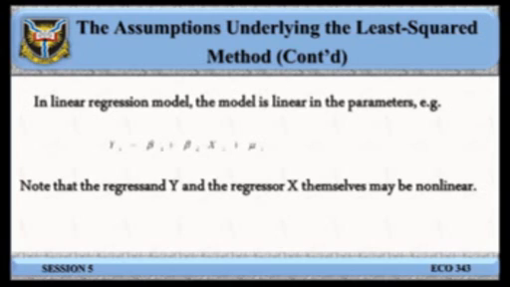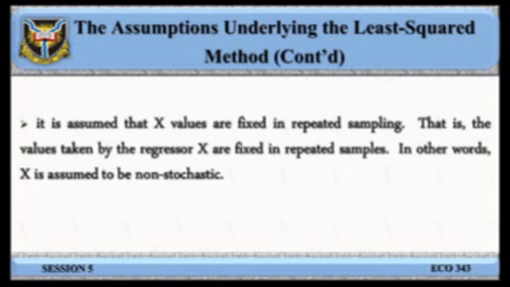Note that the regressand y and the regressor x themselves may be nonlinear. 2. It is assumed that x values are fixed in repeated sampling. That is, the values taken by the regressor x are fixed in repeated samples. In other words, x is assumed to be non-stochastic.